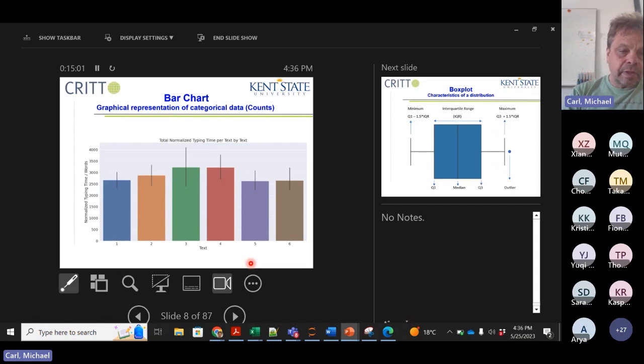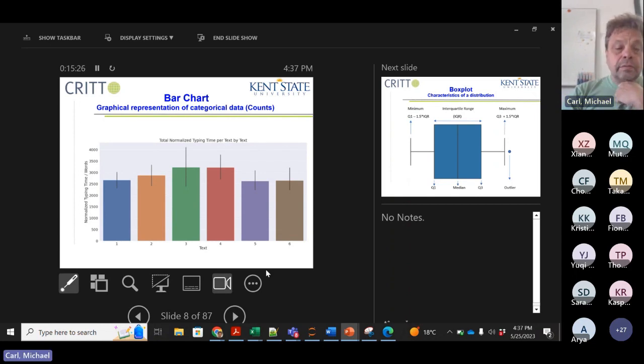And here this is a slide graph that we also looked into yesterday, where we can see that different texts may require different amount of times, even when normalizing this by the number of words. Okay, so these are bar charts.